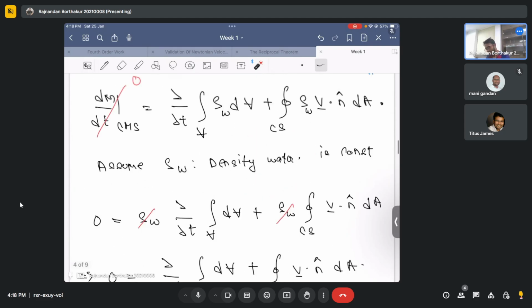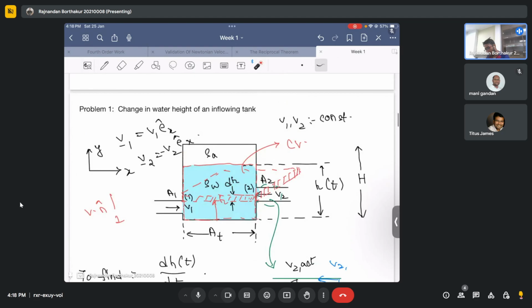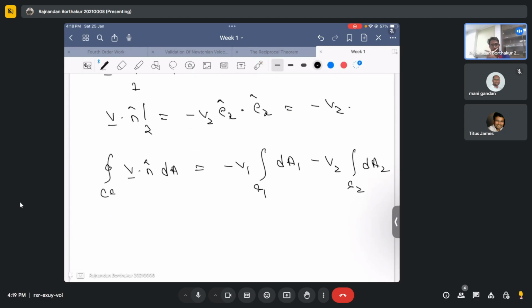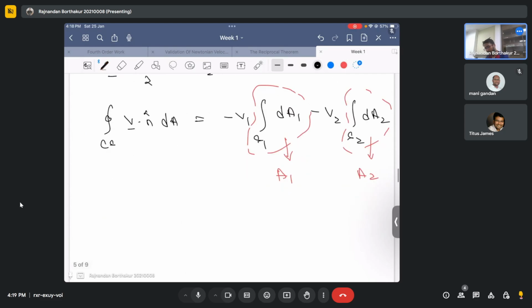I just stated in the question that the surface has an area A1. Which means the integral of a differential area of surface 1 over the entire surface S1 is just A1. Because my area is constant. And this just boils down to A2. So the surface integral term, that is the efflux term, is nothing but v1 times A1 minus v2 times A2.